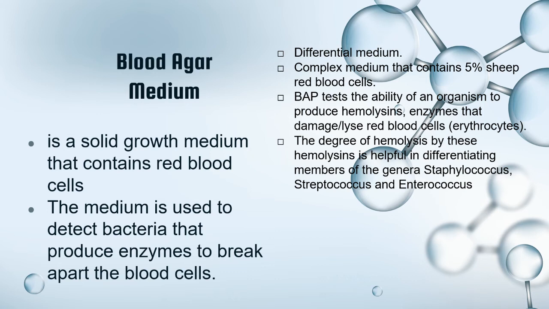So blood agar medium is also a type of differential medium, okay, made up of 5% sheep red blood cells. Okay. So rabbit or horse blood may also be used for growth of NAD requiring organisms such as Haemophilus species. Okay, but the hemolytic pattern may be inconsistent with those na sheep blood yung gamit.